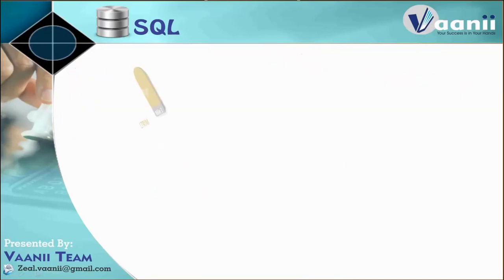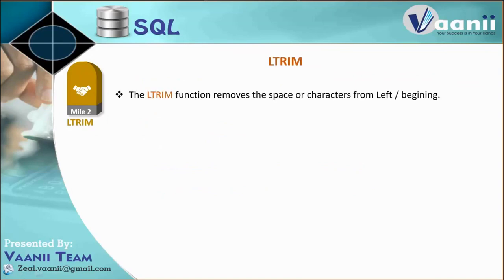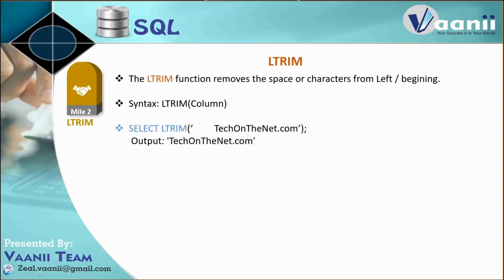Now in the case of LTRIM, what will happen? If we don't write anything for what to remove, it will just remove the white space from here. And if we have to remove any particular character, we can just write that. In this case with LTRIM, we had space on the left side, and once LTRIM was applied, it removed the left side space.